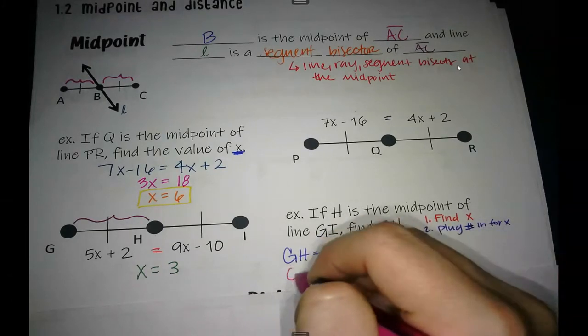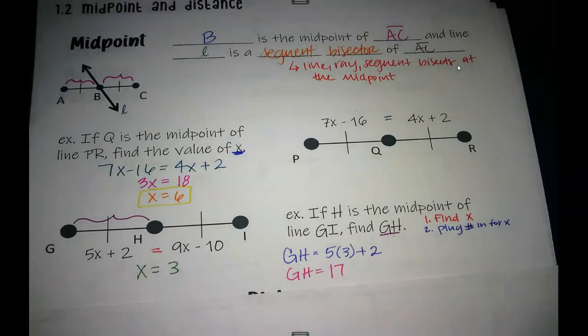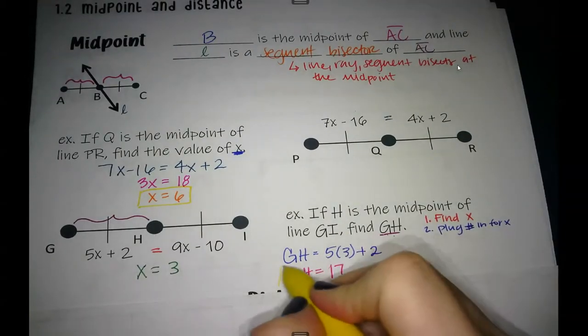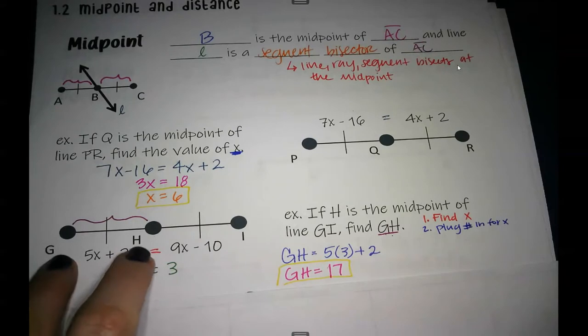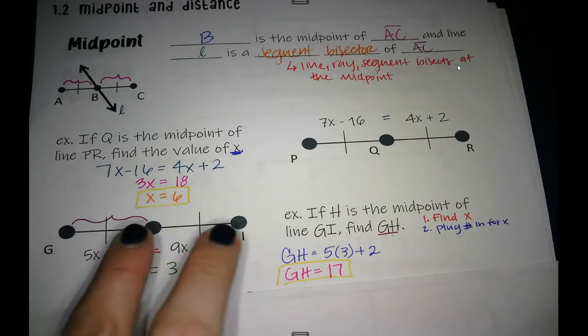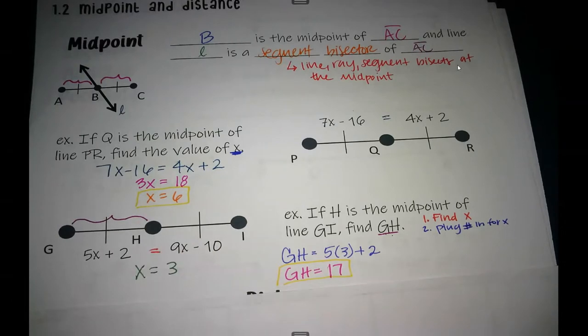So GH equals 17. Since this is the midpoint and GH is this half, that means that this also has to be 17 because they have to be equal.